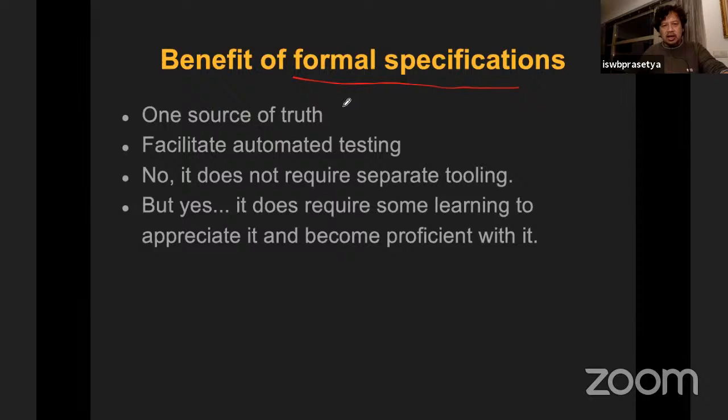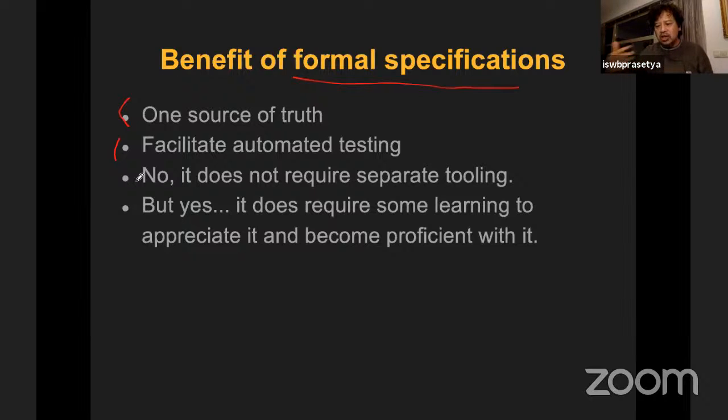Firstly, maybe a bit of an old argument is that if you have formal specifications of your programs, then you have one source of truth. It defines exactly what a correct program means, so that both developers and testers can look at this document, at the specifications, as a reference. But a more practical use is in quality assurance and testing.